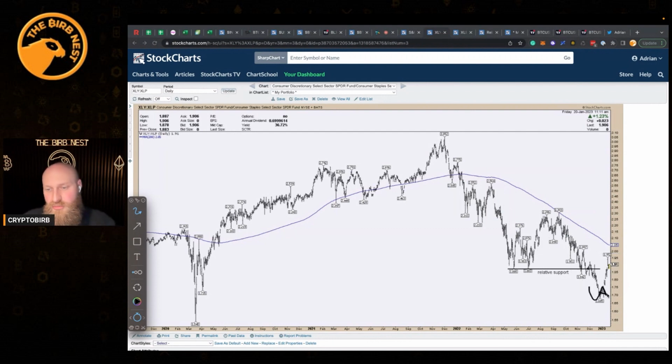Because the ratio has been inclining, which means that XLY was gaining strength relatively versus the XLP, which is the consumer staples, the defensive stocks, right? Then what it means is that we are looking at a little bit of a local spark, a little bit of a local shift in the preference of XLY versus XLP, with risk on slightly improving while it's still within an overall downtrend.